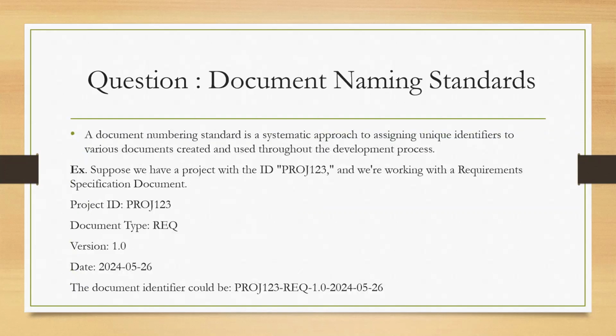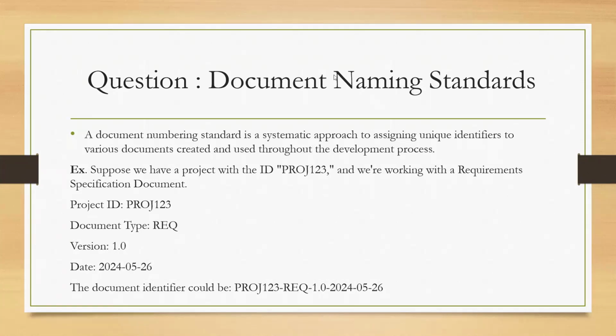And document naming standards. For each and every document, we need to name the document in a different way, so we will use this technique. Here you can see the project ID, the document type, the version, whether it is 1.1 or 1.0, and the date.